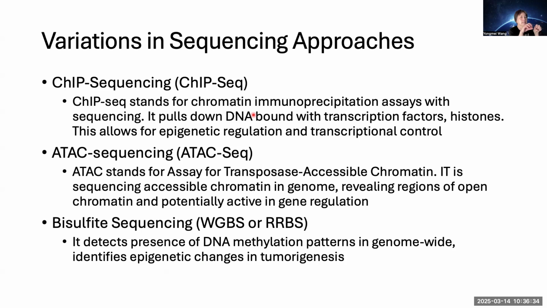And then they take this DNA that has been pulled down in this way and sequence it. So this approach allows you to sequence only the section of DNA that has transcription factors or histones, these proteins that bind on DNA, allowing you to pull down only that section of DNA. So this allows you to understand the epigenetic regulation of gene expression.